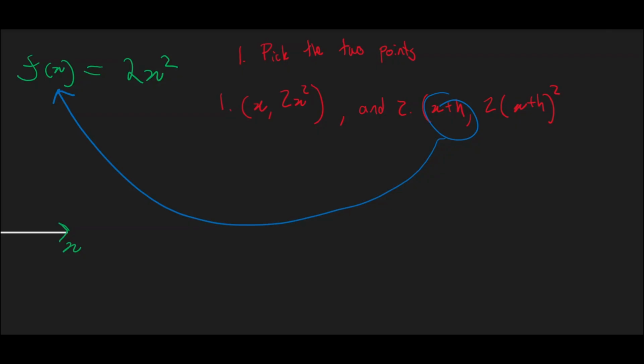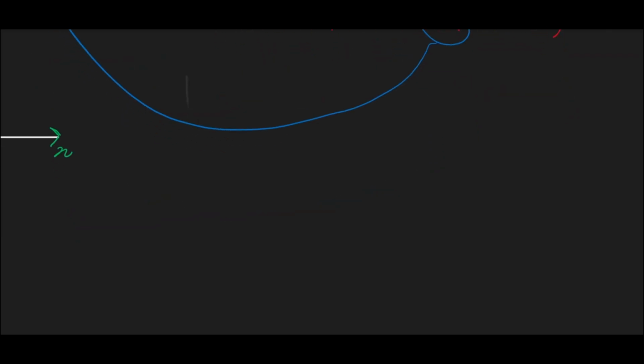We could call it a, we could call it b, we could call it z. I'm just calling it x plus h. And if we substitute that value into f of x, the y value that we get in terms of x and h is 2 multiplied by x plus h squared. Cool. So those are the 2 points.